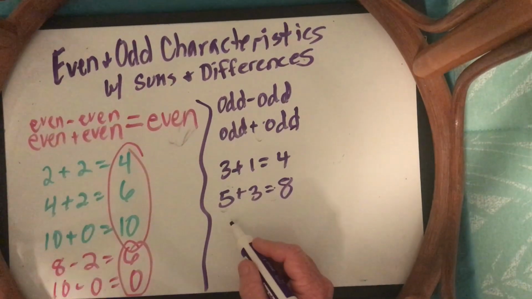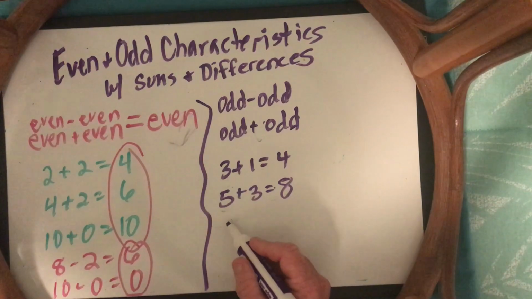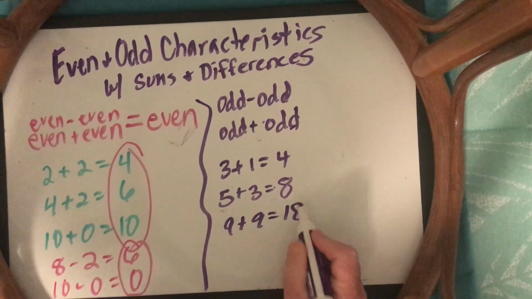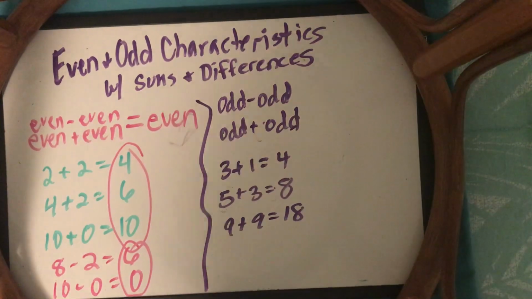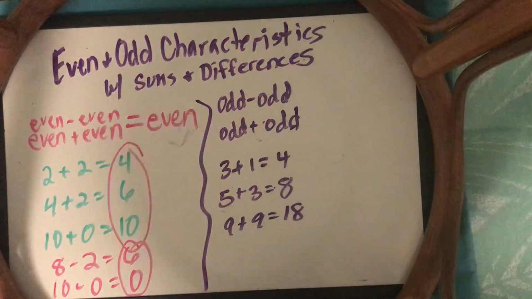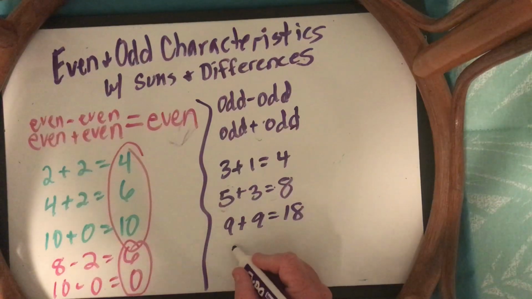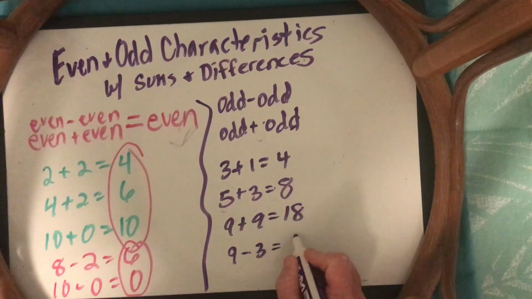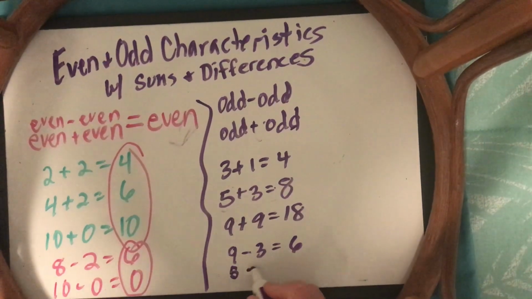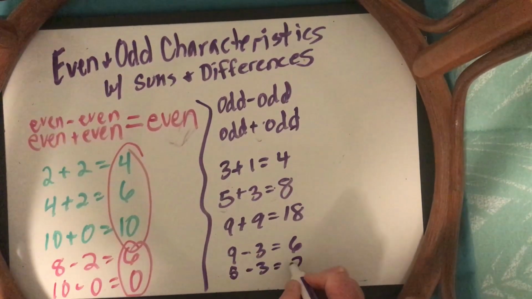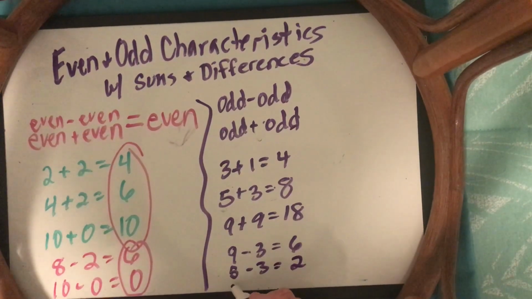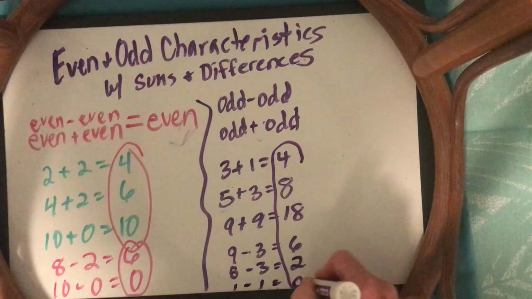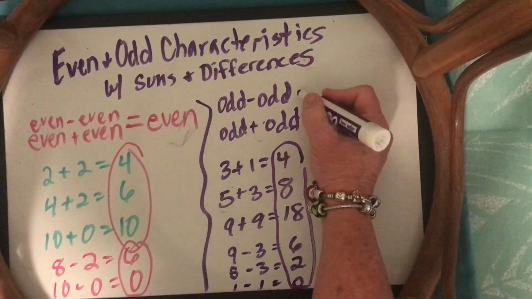And then we have, let's say, 9 plus 9 equals 18. So what do you see so far? Answers are all even. What if we subtracted? What if we did 9 minus 3? We get 6. What if we do 5 minus 3? We get 2. Okay, what if we do 1 minus 1? We get 0. Answers are always going to be even.